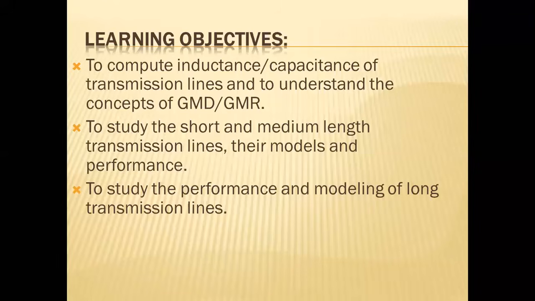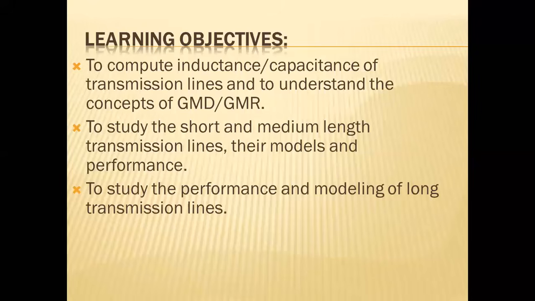So long transmission lines will have rigorous line calculations. Considering the receiving end, we'll be estimating the voltage and current values at any point in between the sending end and receiving end, and we'll be able to estimate the efficiency and regulation at that point of line.